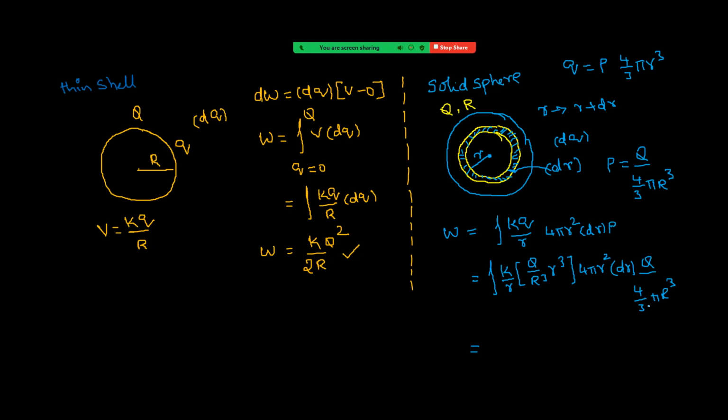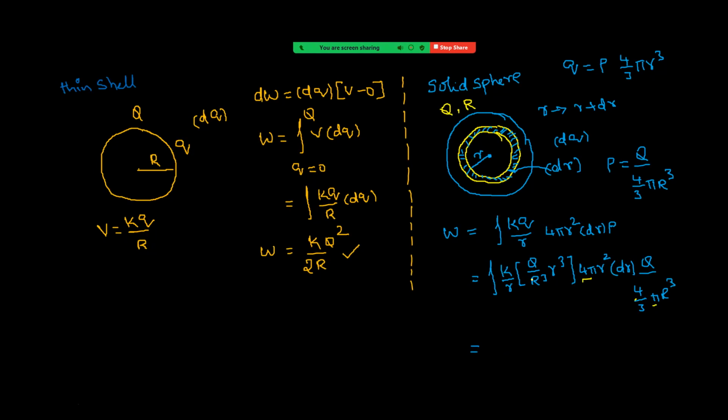4 pi and 4 pi gets cancelled. Next, see what else is left.